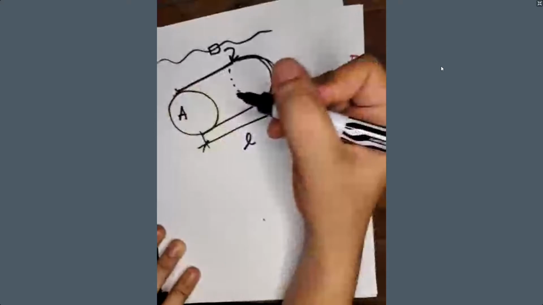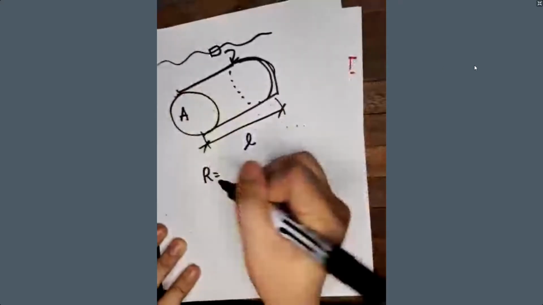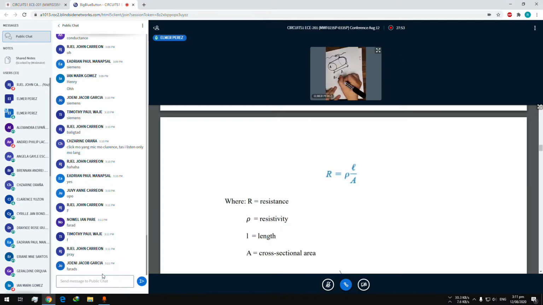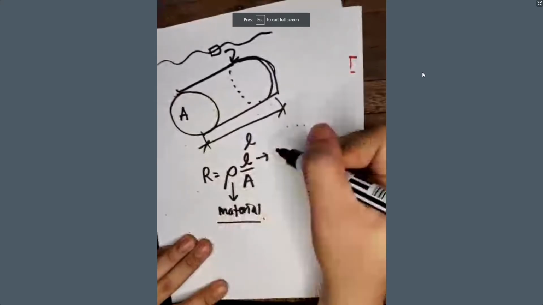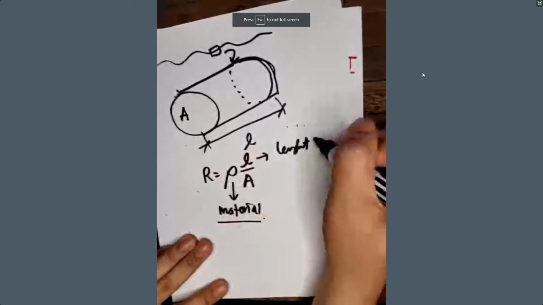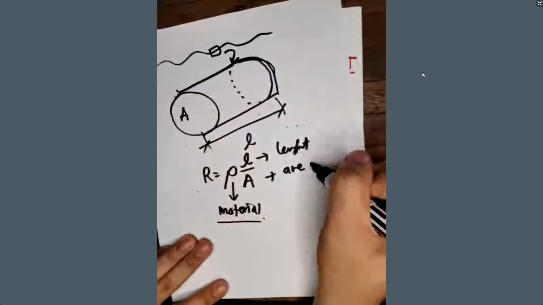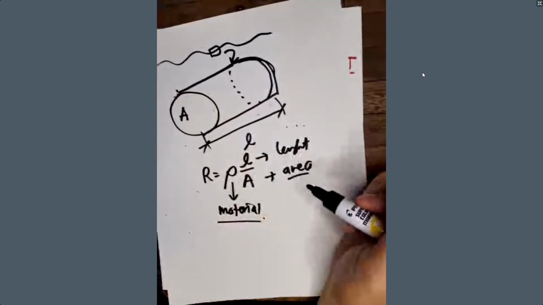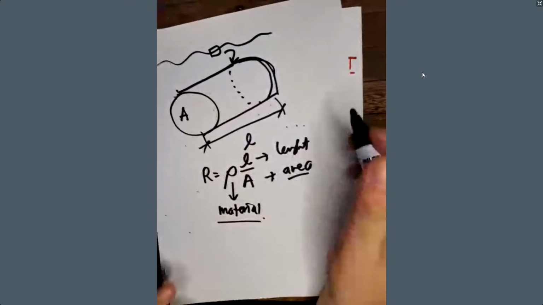The resistance of this conductor is equal to rho L over A, wherein rho is the resistivity, which depends on the material, a property of the material. L is the length of the conductor, and A is the cross-sectional area.